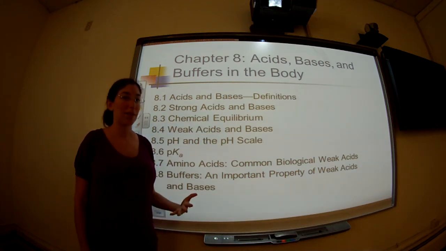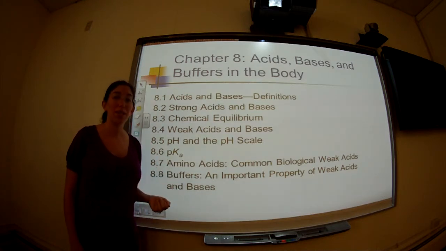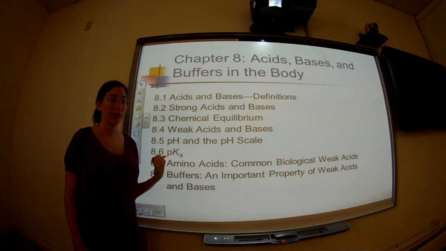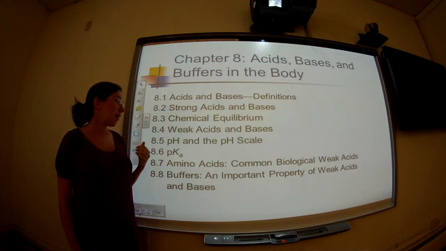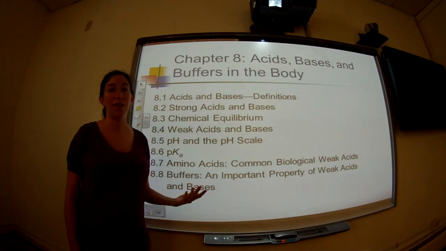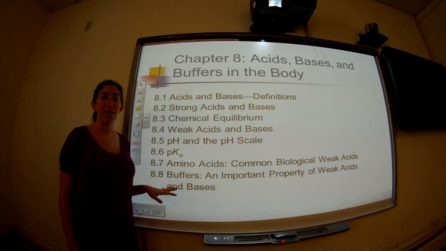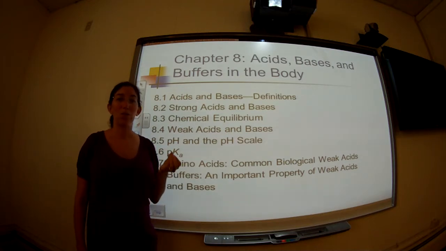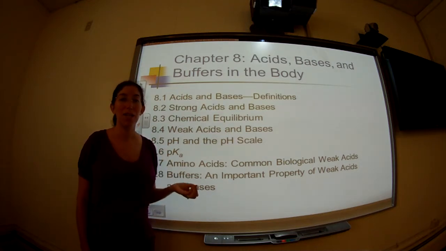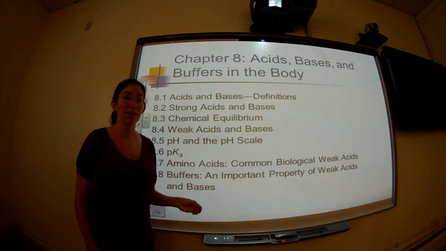We've talked a little bit about equilibrium arrows when we were talking about solubility and weak electrolytes, but we're going to come back to it here. And then we're going to talk about pH, which is how you measure the acidity of an acid or a base. And then, of course, at the end of the chapter, we always bring it back around to why acid and base chemistry is biologically relevant and relevant in a physiological system.